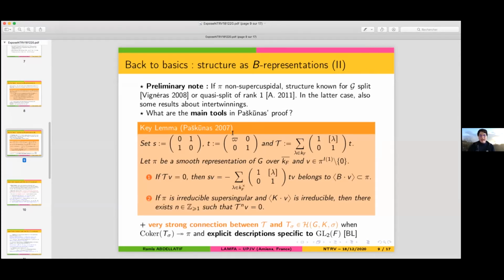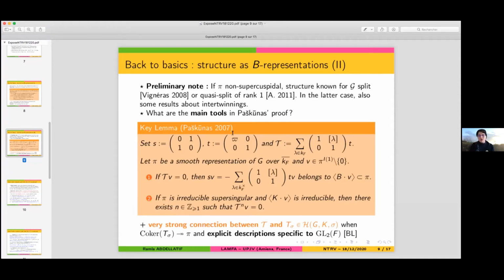The point is that when pi is supersingular, so irreducibility is part of the supersingular definition, but I write it here for the record, and if the representation generated by V is irreducible as a representation of K, so GL2 of O_F, then you can find, maybe not directly, TV equals 0, but there is some power of T that will kill V. So maybe you don't take V, you take T to the n minus 1 applied to V, and you apply point 1 to it.